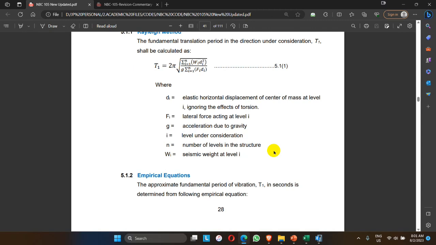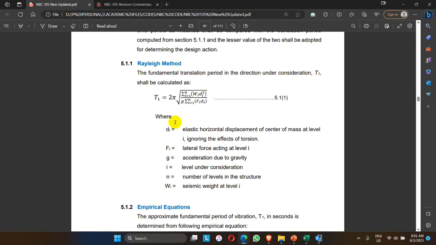It means if we have a 13-story structure, the value of i is 1 to 13, and Wi is the seismic weight of the structure at its story level. So from this formula, the time period from the Rayleigh method can be evaluated.